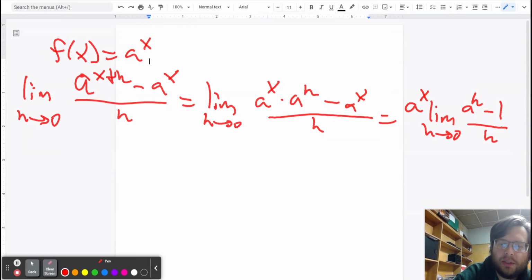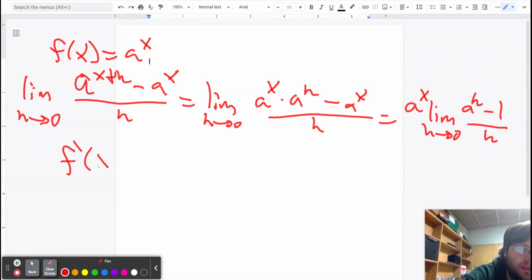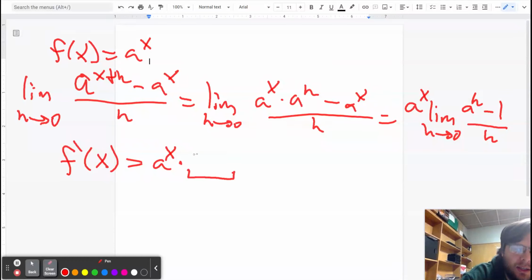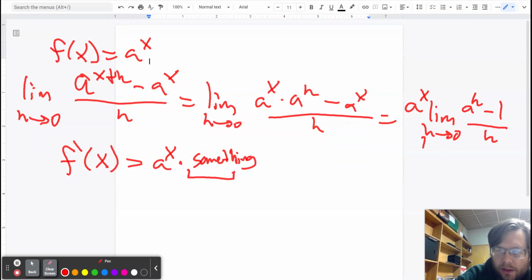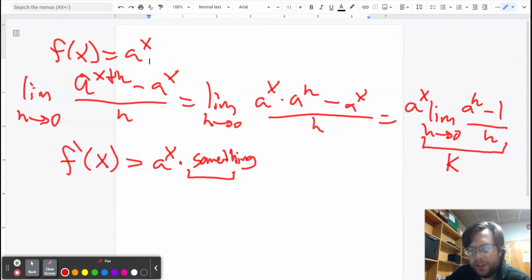And so what we know now is that your derivative is equal to a to the x multiplied by something. And this something right here, we can just call the letter k. We'll deal with that a little bit later.